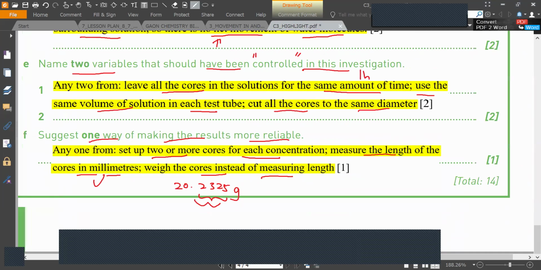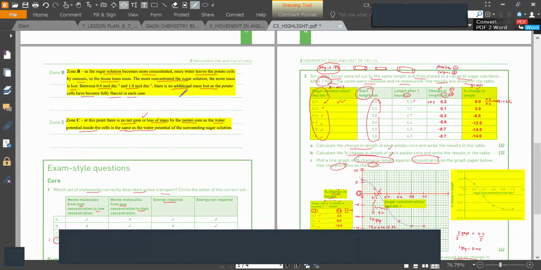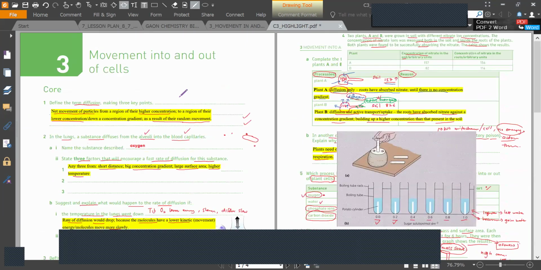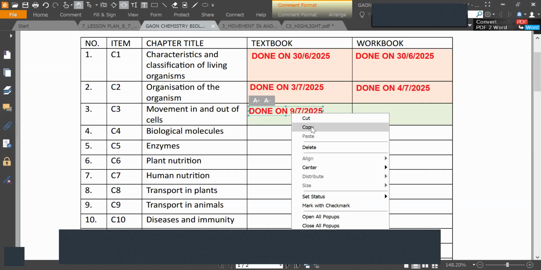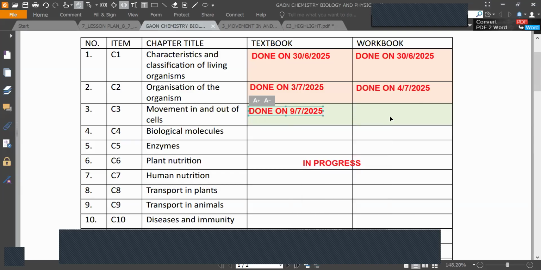All right, so now we are done with the workbook for unit 3 as well. So now we are making progress here. This is also done. Okay, this is good.